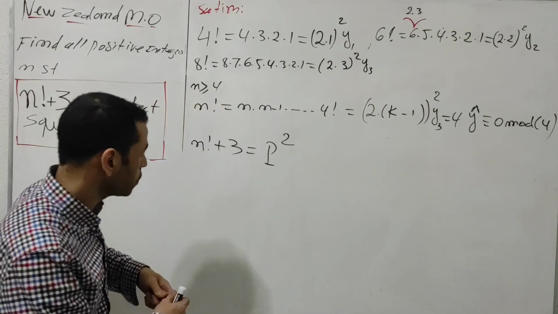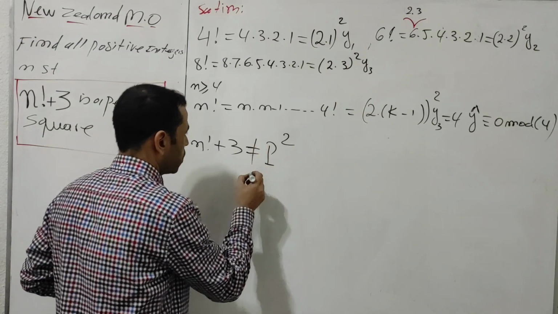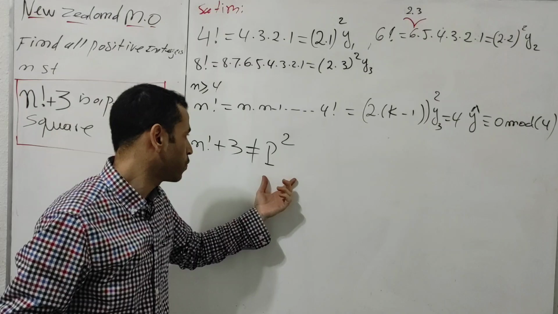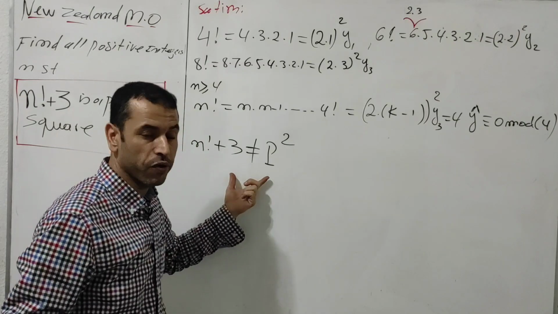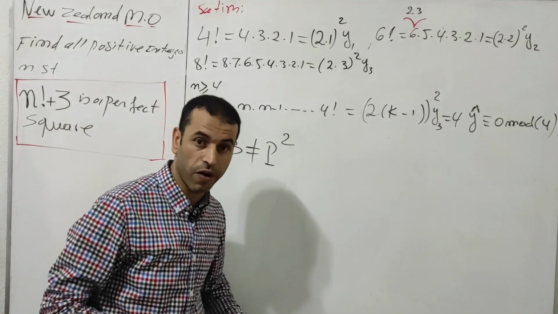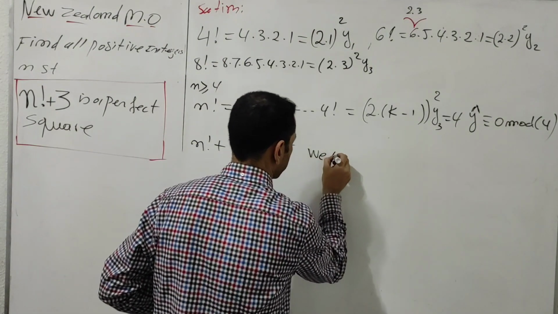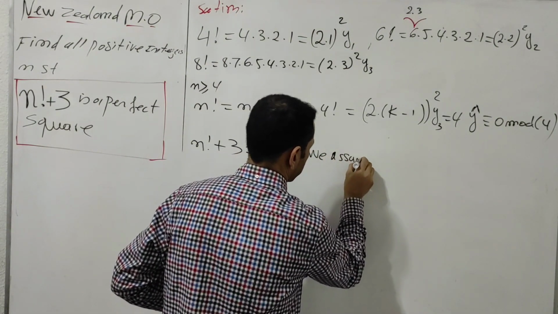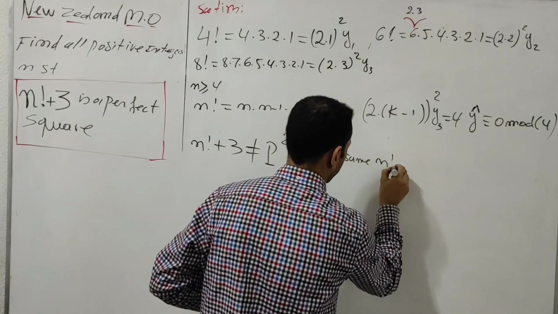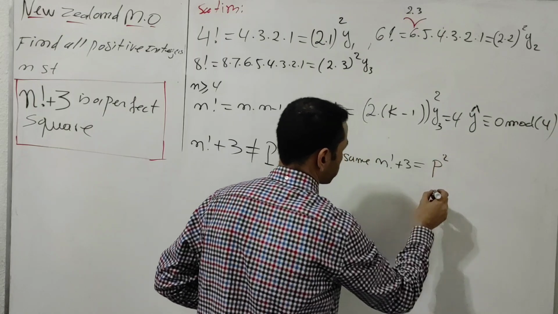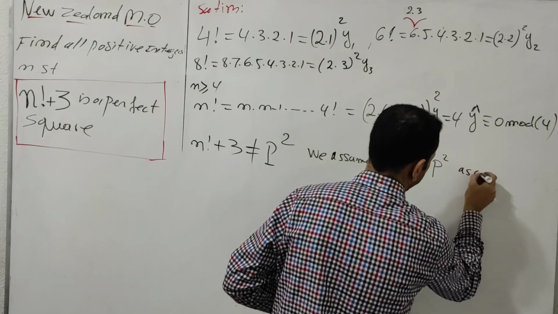I'm going to use proof by contradiction. We assume it is a perfect square, and at the end we will find a contradiction. We assume n factorial plus 3 equals p squared, as a perfect square.